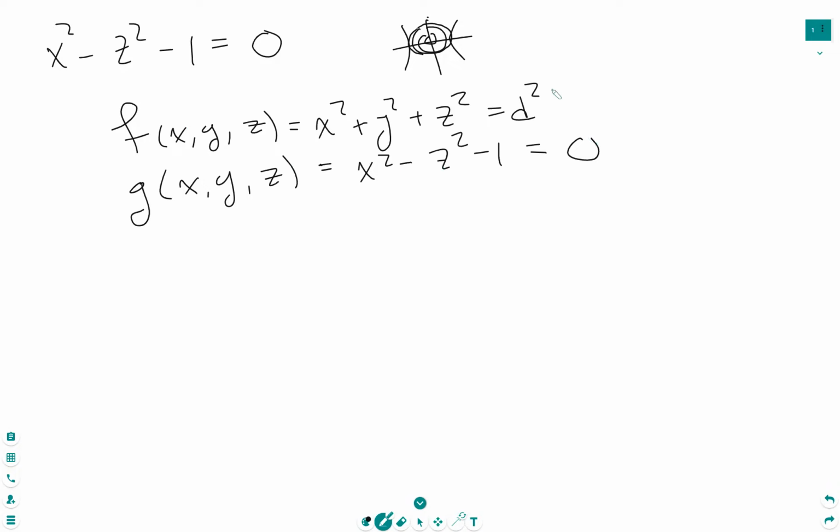By doing so, we've created two functions that take 3 variables in and output a 4th variable. So these are both in R4, but since they're equal to a constant, these are the level surfaces we were talking about, level surfaces in R4.